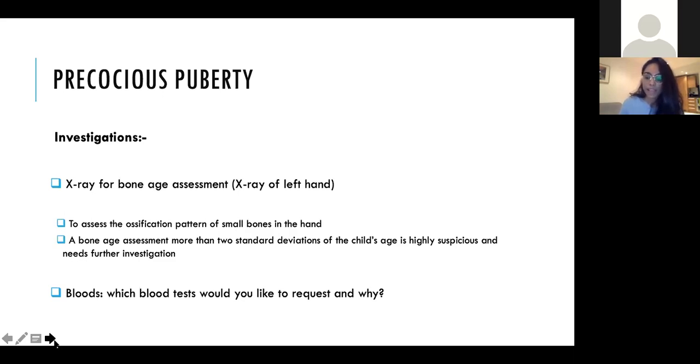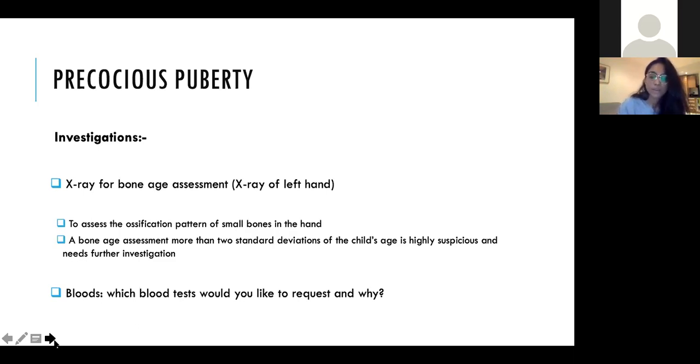And it is easier to diagnose in girls, because they're born with ambiguous genitalia. I won't go into too much because it is a huge topic, and trust me when I say that it is not straightforward. So just leave it at that. But just so that you know, if the bone age assessment is more than 2 standard deviations of the child's age, that's not normal. Okay, I think that's what you need to know.